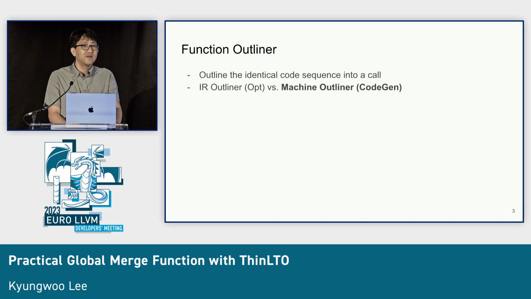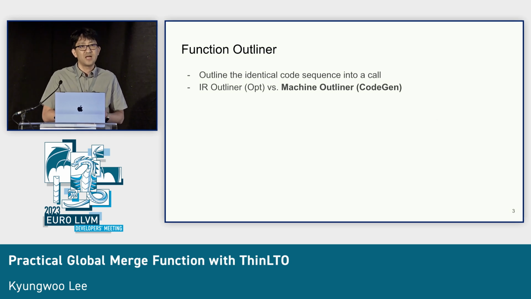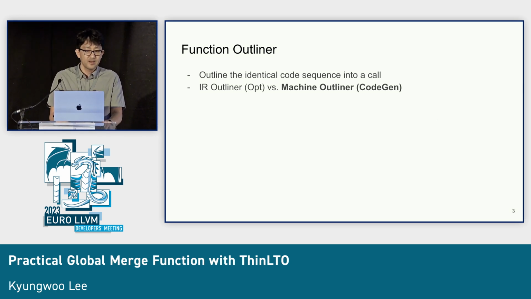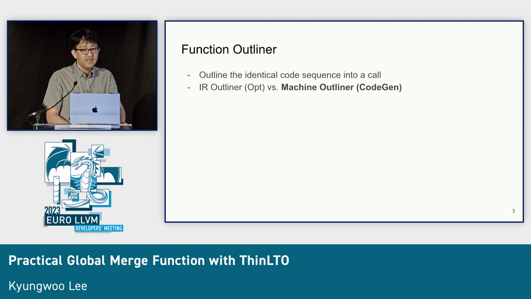There are two outliners available in LLVM: the IR outliner at the IR level, the opt level, and the machine outliner at the codegen level. We noticed that the machine outliner is particularly useful in our target because more outlining opportunities appear after IRs are lowered down to machine IR level. So for the remainder of this presentation, I will assume the usage of a machine outliner as our function outliner.